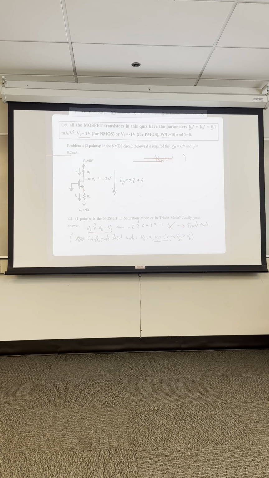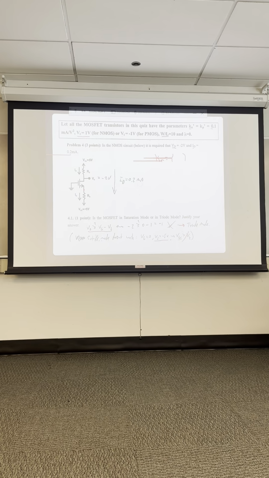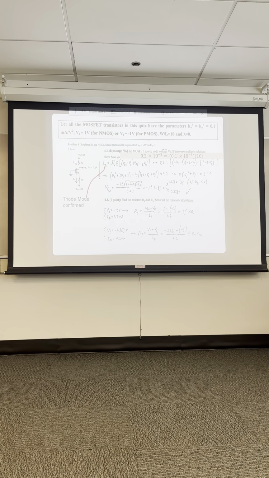And then we check, is the gate to source voltage greater than VT? Is 0 minus minus 5, which is 5 volts, greater than 1 volt? This is false, so it's definitely not in cutoff mode. The remaining mode is the triode mode.